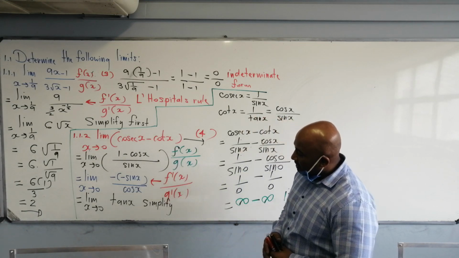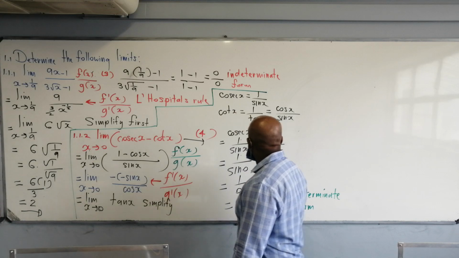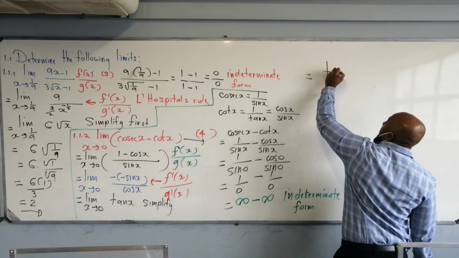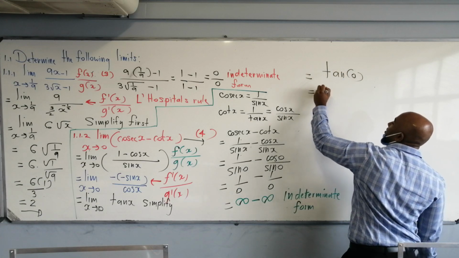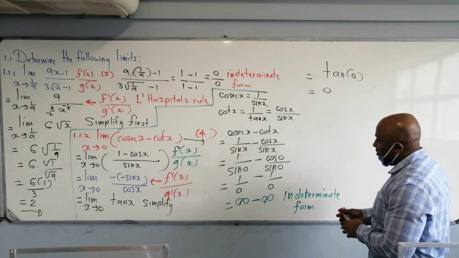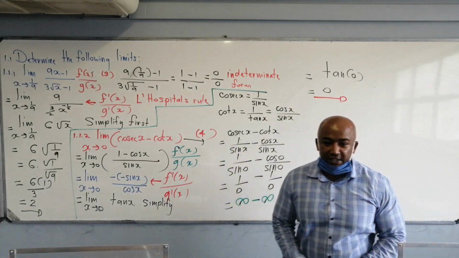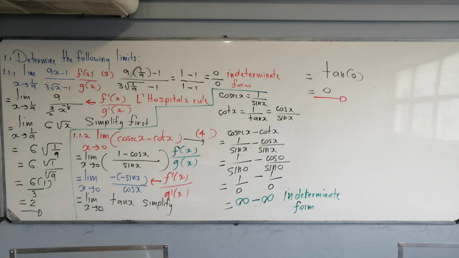So now you've got the limit as x approaches 0 of tan x, which is now equal to tan of 0, which is 0. So that is the answer for this one. So that was 4 marks. Question 1.1.2, and it is not a difficult 4 marks.